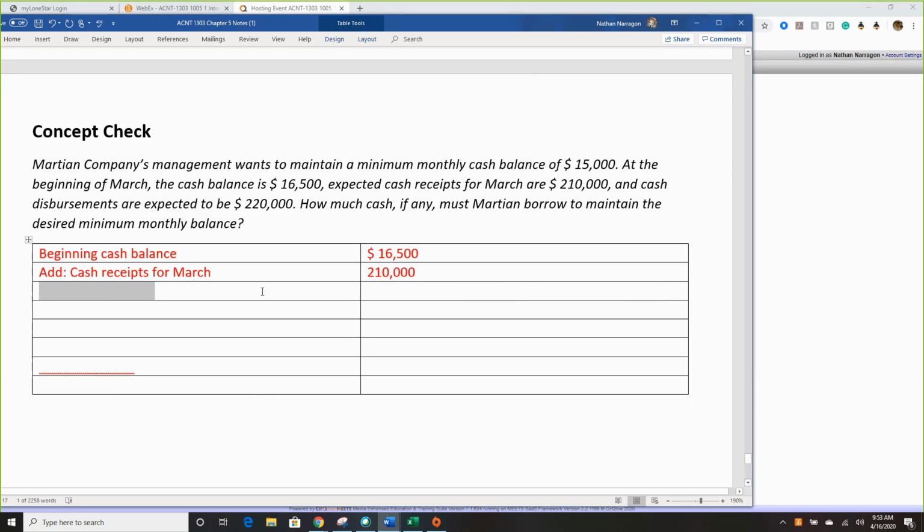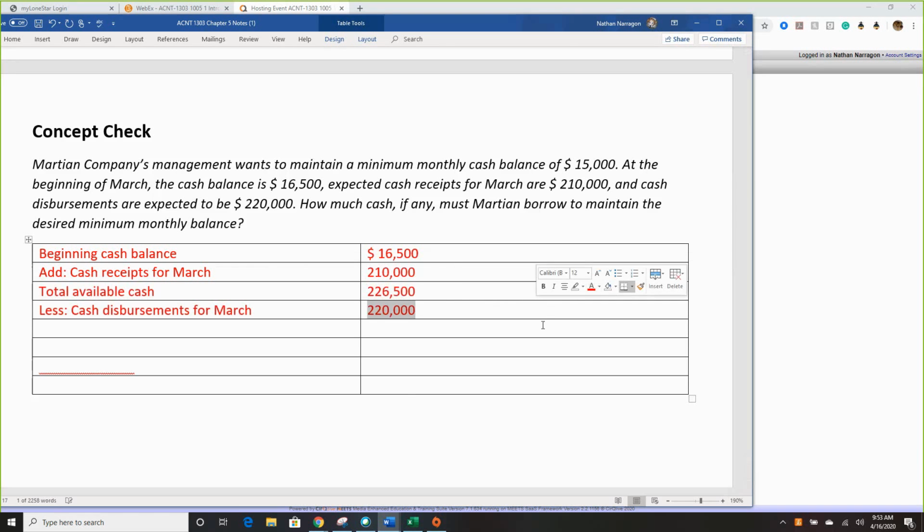And this, of course, is our cash available, which is the addition of these two. Finally, we know our cash disbursements, so we always subtract those because that's cash moving out. Remember, these budgets are only on a cash budget, so nothing dealing with non-cash transactions or credit.